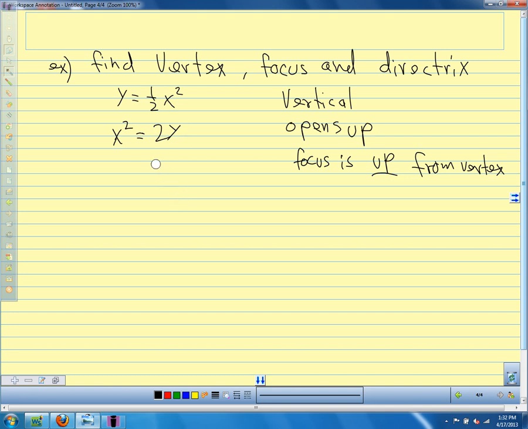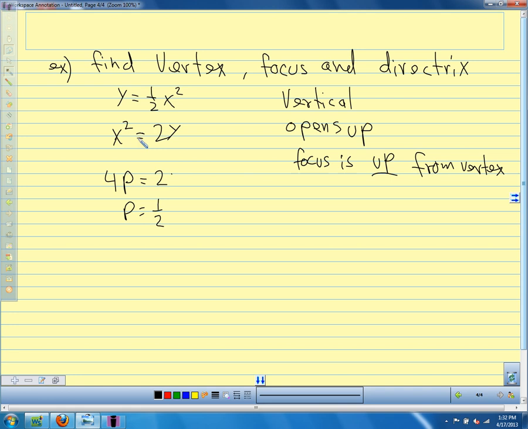So this is my standard form. The x squared part is by itself, and the numbers are with the y. The number in front of the y is 4p. So 4p equals 2. Divide by 4, so p equals 1/2.